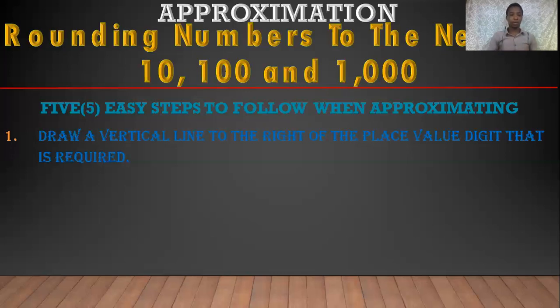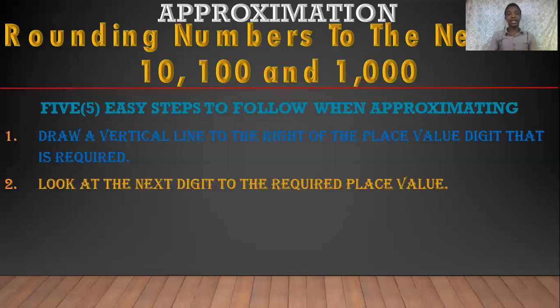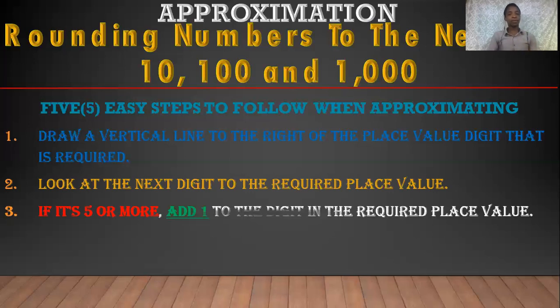For number two, look at the next digit after the required place value. Once I've drawn my line, I check the next digit, that is the number after the line. Do you get that? Then for number three, if it is five or more, add one to the digit in the required place value.